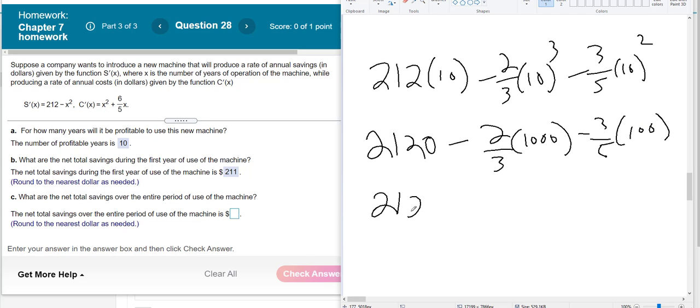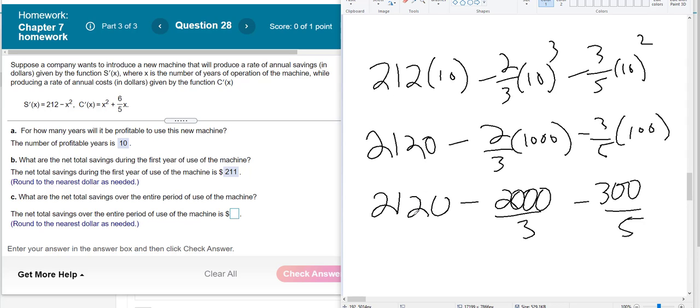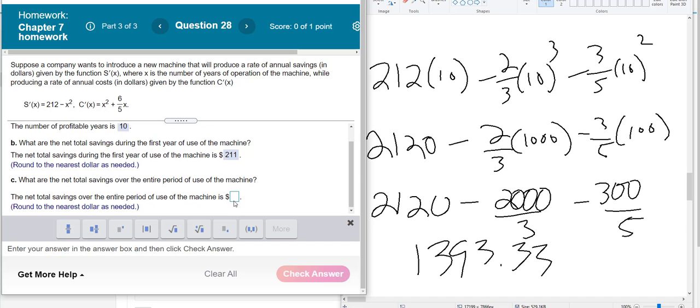So it's 2120 minus 2,000 over 3 minus 300 over 5, and it's to the nearest dollar, so I'm just going to put it in my calculator. 2120 minus 2,000 divided by 3 minus 300 divided by 5 is $1,393 and some change, but they want it to the nearest dollar, so $1,393.